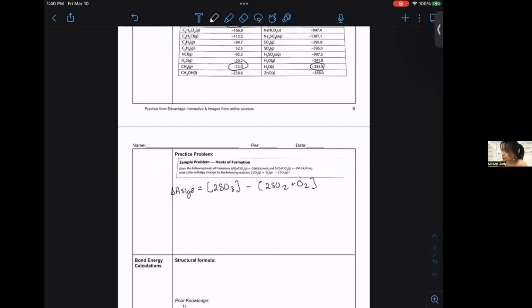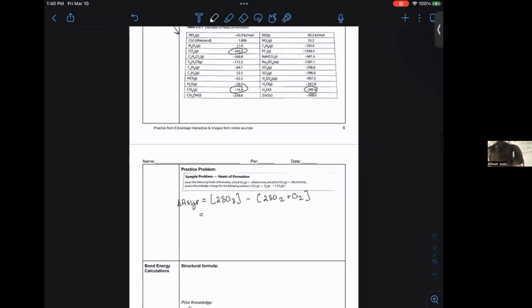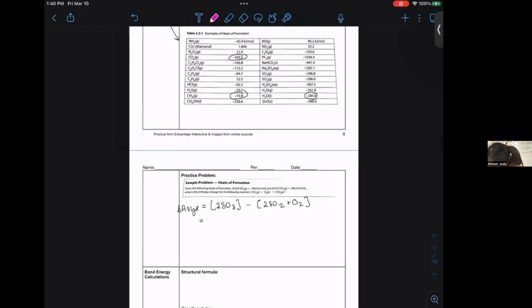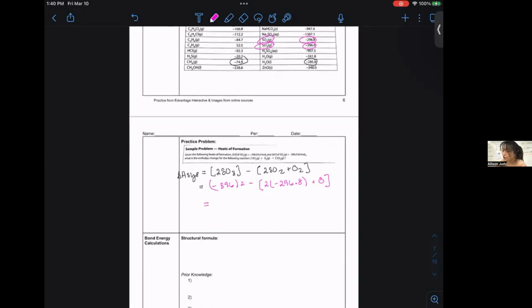So you should have gone that SO3 is negative 396 times 2 minus 2 times negative 296.8 plus, what's the heat of formation for a diatomic element that's in its natural state? 0. So what did you get for your total, guys?